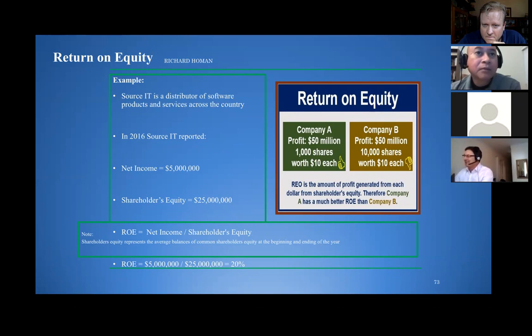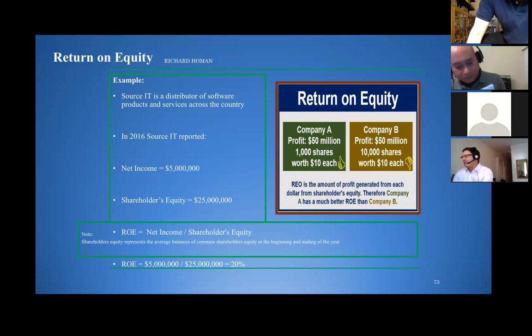I'd love to own shares in either company for $10, but one is actually more attractive than the other. Company A, which has a profit of 50 million on 1,000 shares, has a much higher return on equity than Company B, which has the same profit of 50 million on 10,000 shares.